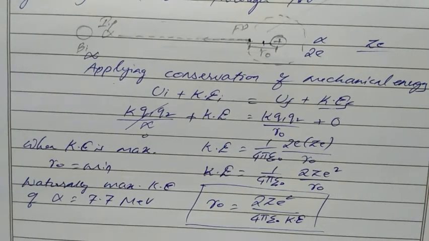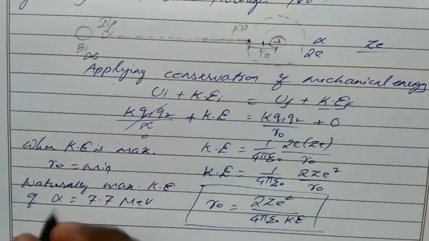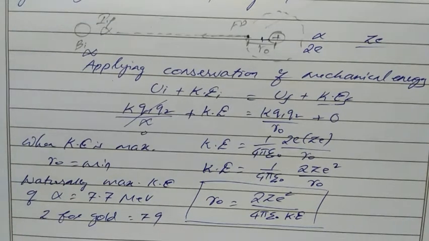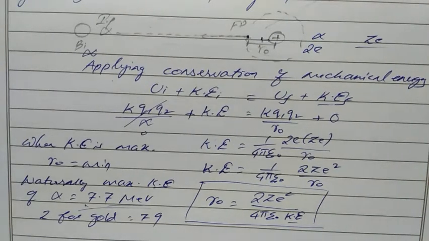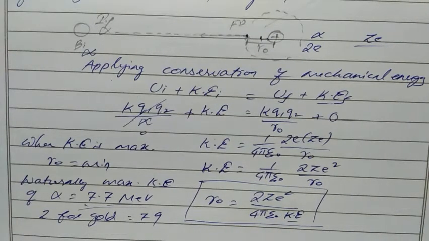Okay, so if we take gold atom, then atomic number of gold, Z for gold, is 79. So if I substitute all the values, the kinetic energy is 7.7 mega electron volt, then we know 1 by 4 pi epsilon, K value 9 into 10 power 9.